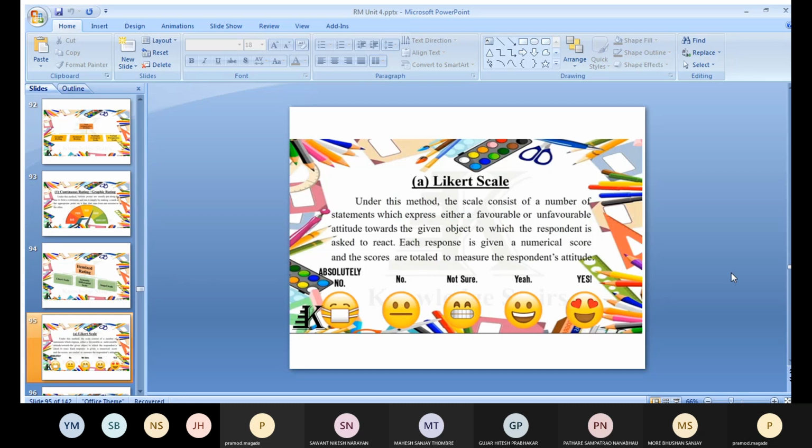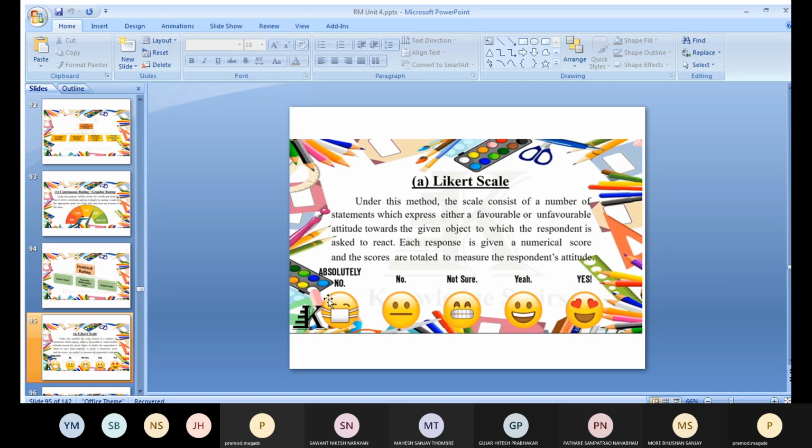So while giving the answer, there are some options. That's why we say itemized, and a lot of options are there. You can get this kind of option directly from WhatsApp or social media, and we use it in mails also. Some question will be there, and answer options are available, like absolutely yes, absolutely no, not agreed.